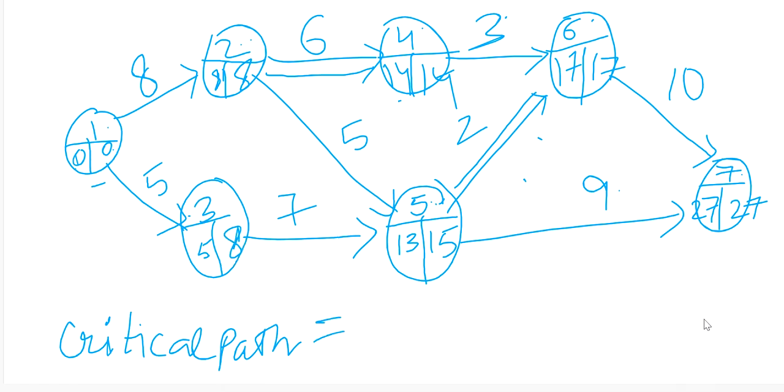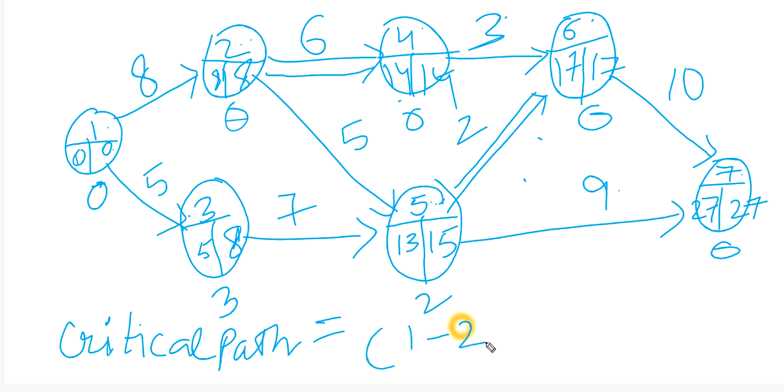So now again we'll calculate the slack of each activity. So here 0. 8 minus 8, 0. 3, 2, 0, 0, and 0. Now I will see the critical path: 1 to 2, 2 to 4, 4 to 6, and 6 to 7.